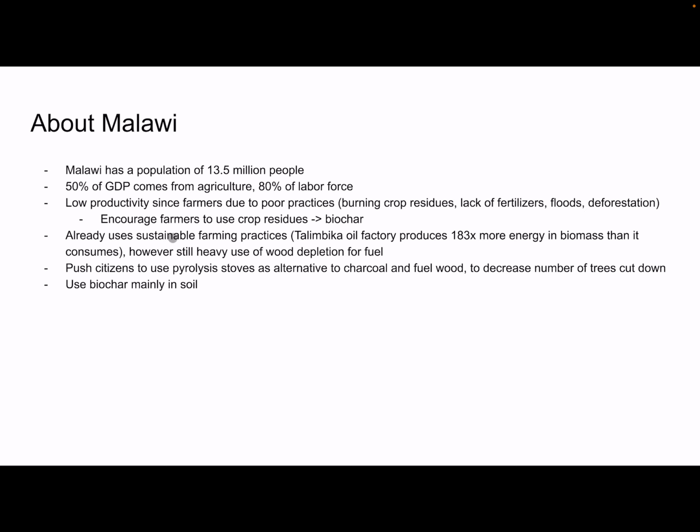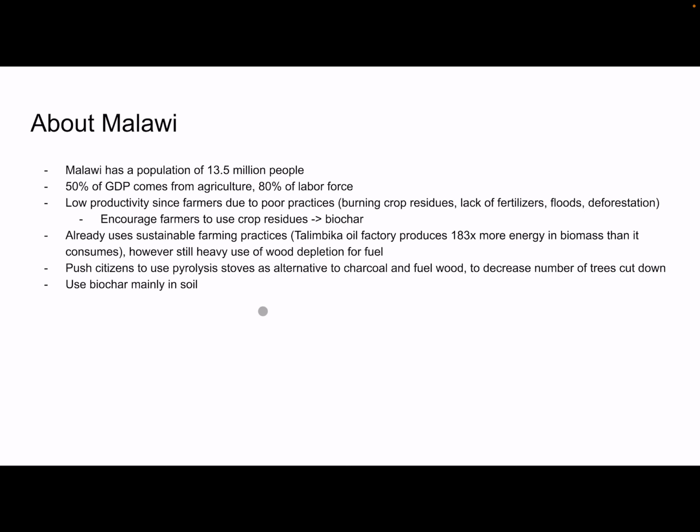While there are existing sustainable farming practices, there are still some poor practices like burning crop residues, lack of fertilizers, floods, and by encouraging the use of biochar, we can encourage these farmers to use their pre-existing crop residues.